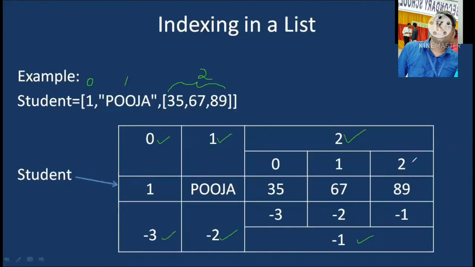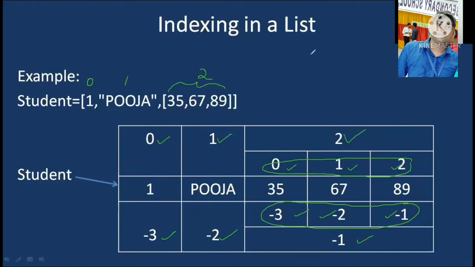I need you to understand this through what I have drawn here, because it is a nested list. Each of those elements also has forward indexing as well as backward indexing. So 35 has index 0, 67 is index 1 and 89 is index 2, and in backward indexing 89 is -1, 67 is -2 and 35 is -3.